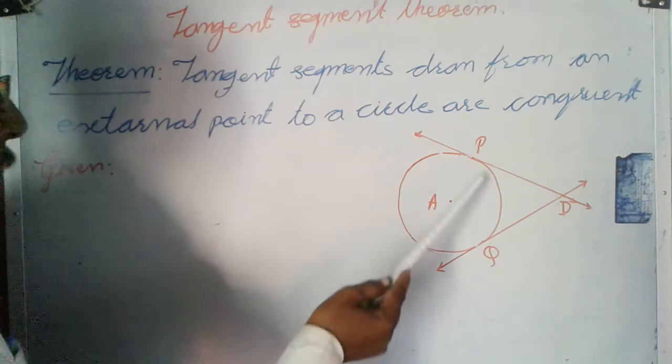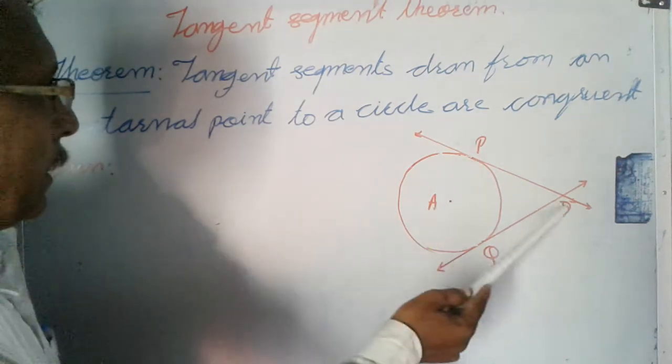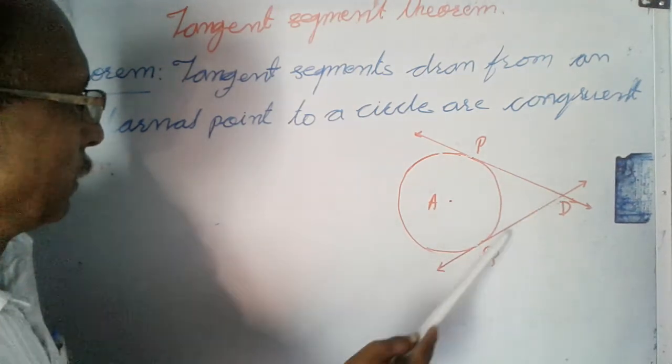Now we have to prove that segment DP is congruent to segment DQ.